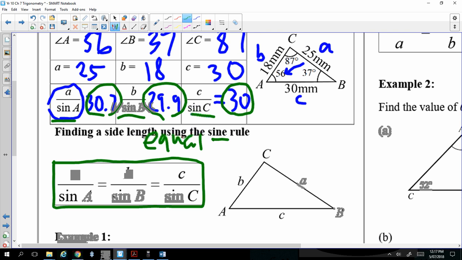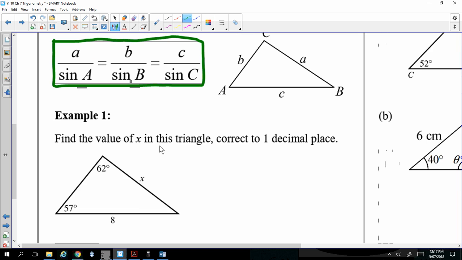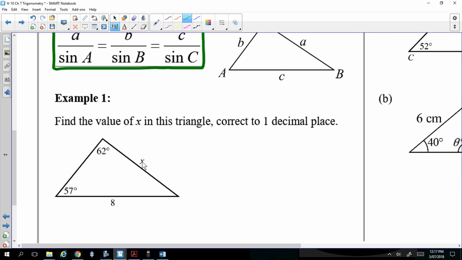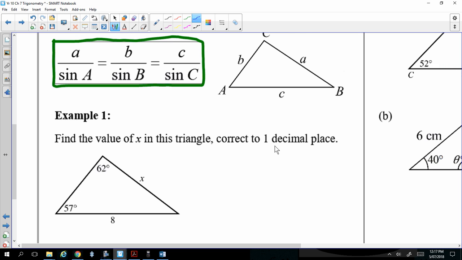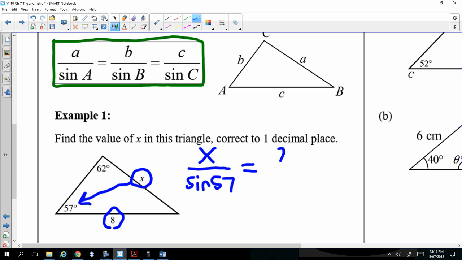Okay, the sine rule. Let's use this formula to calculate x on this diagram. So using this formula, we start with x. X is opposite to this angle, so you do x over sine 57. And you pick another side, which is 8, opposite to sine of 62.